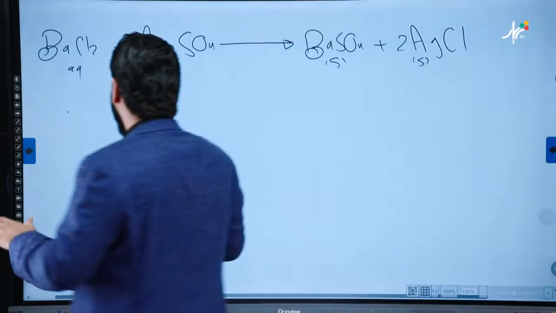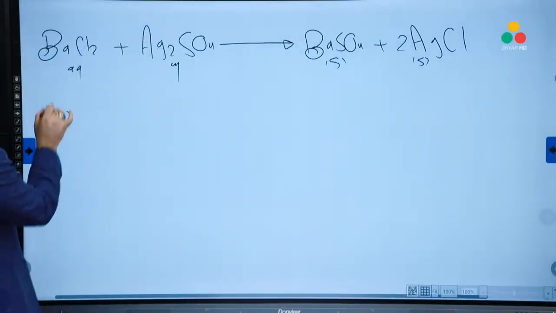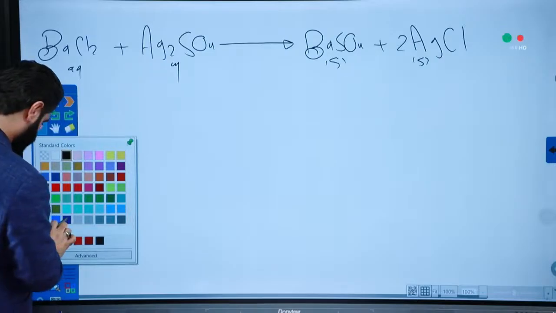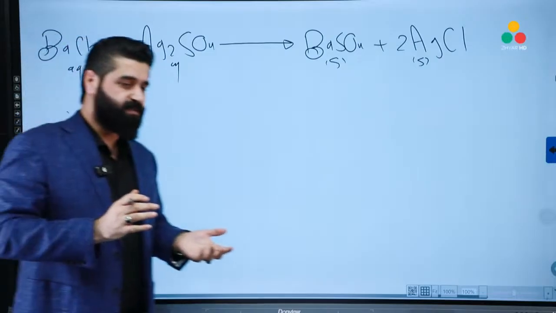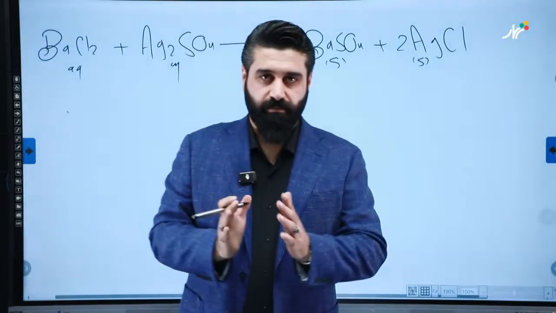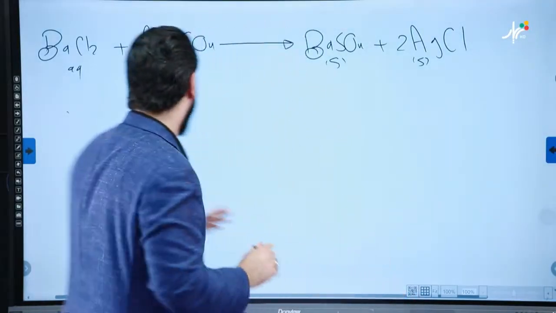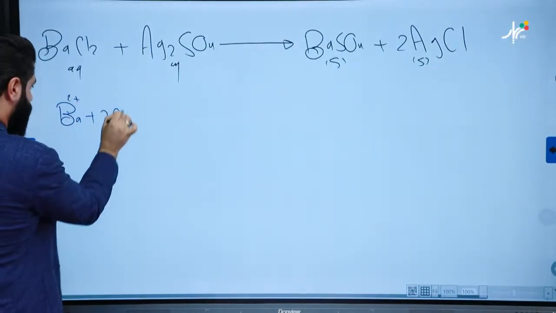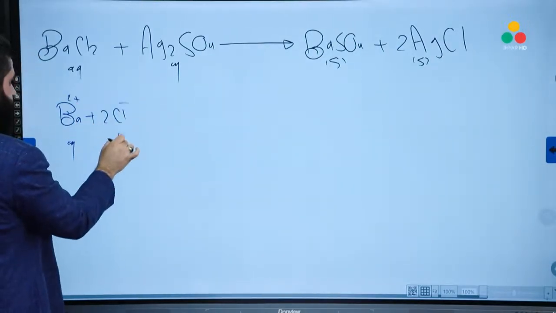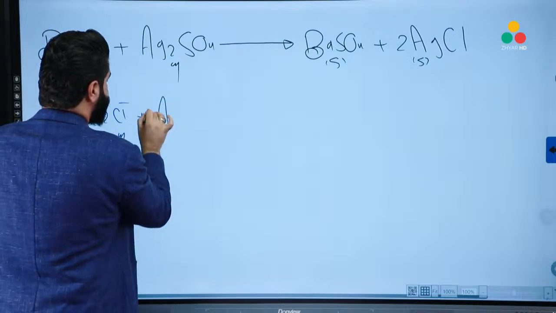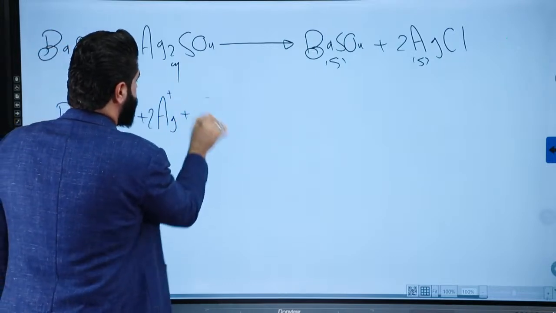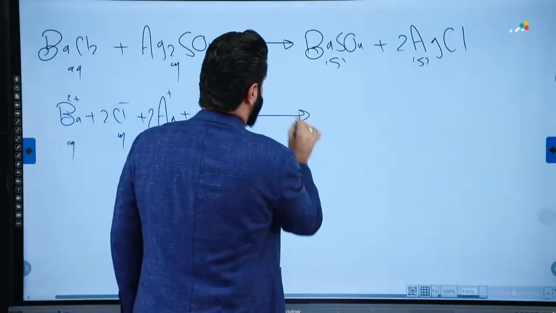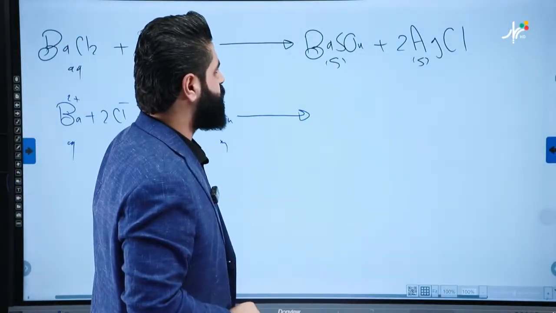Let's write the overall ionic equation. What do we have to do with the overall ionic equation? Don't you remember? The aqueous compounds must be separated. Look: Ba2+ plus 2 Cl- aqueous plus 2 Ag+ plus SO4 2- aqueous to form these solid substances.